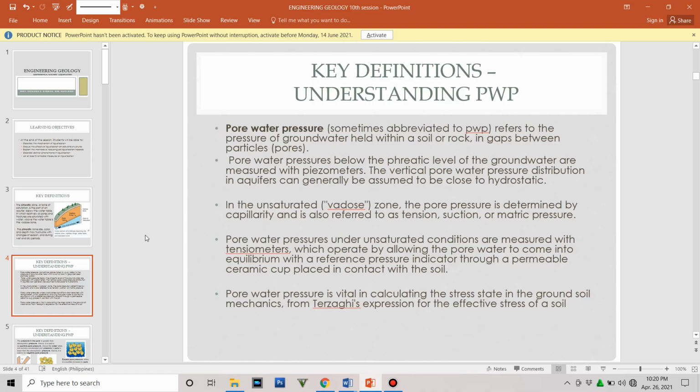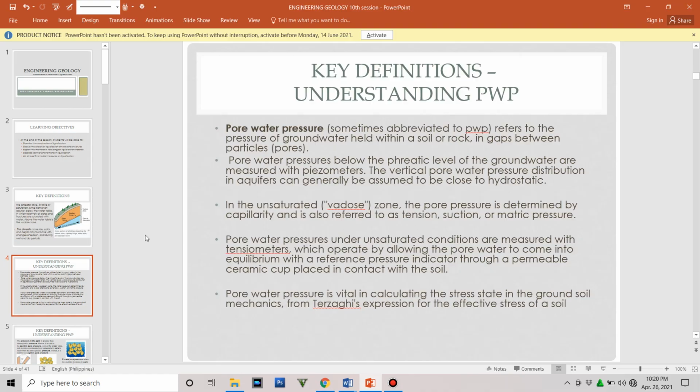For positive pressure, the pressure is above the value of the atmospheric pressure. Usually that is measured below the water table or the sea level. When we go down, the pressure increases, and when we go up, the pressure becomes negative.